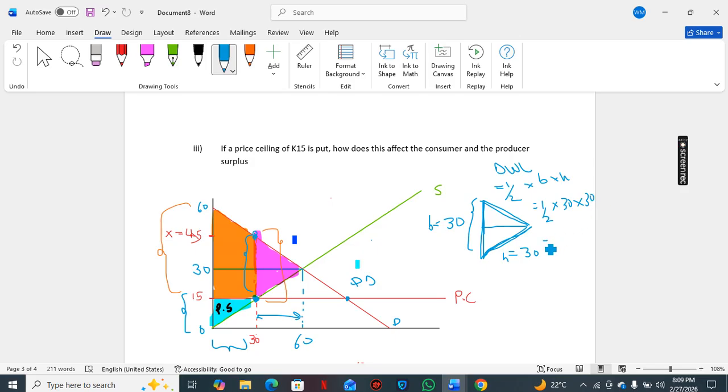Half of 30 is 15. 15 times 30 is 450 kwacha.